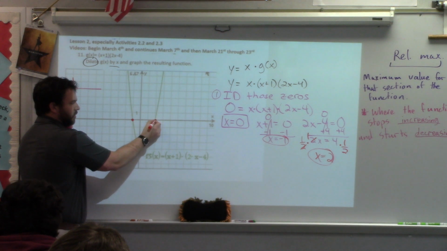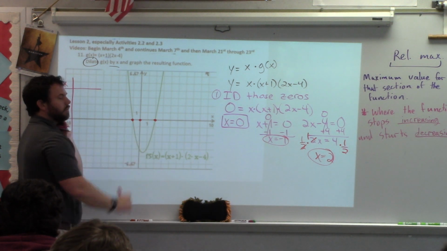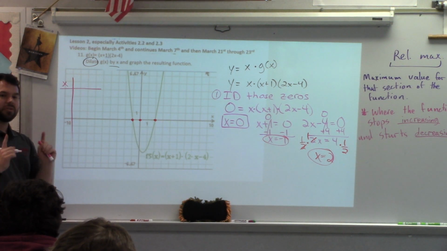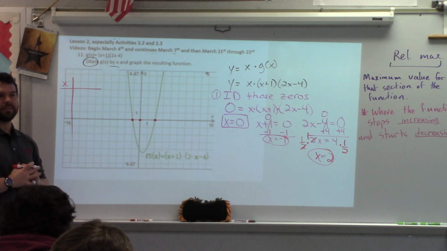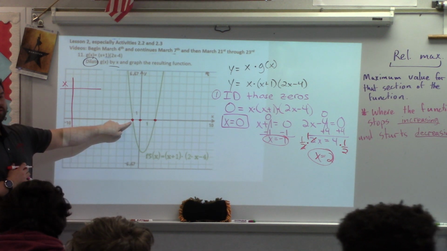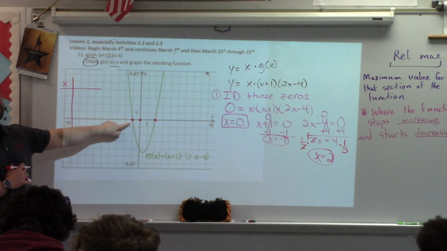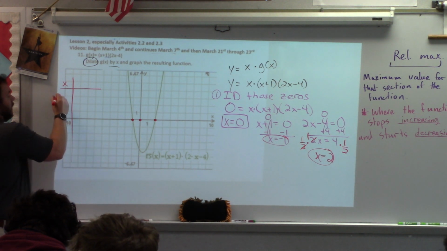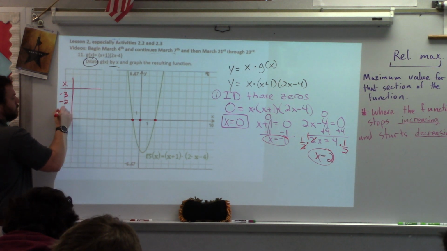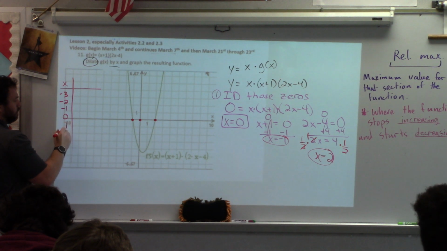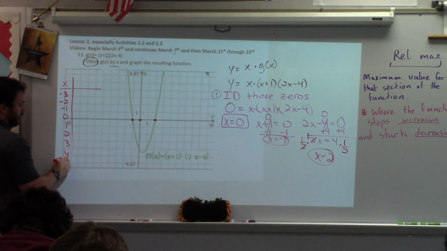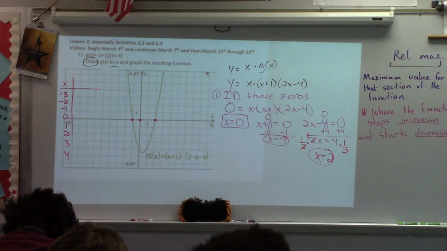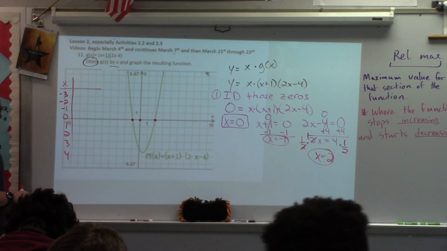There's one of the other zeros right there on the graph, and then I have x equals 0. That can help you visualize where to start and stop with your x values. If that is my lowest 0, what's the x value that we might want to start with? Negative 3. I like 2 to the left. And I do want a little justification about why you chose those x values, but there it is.